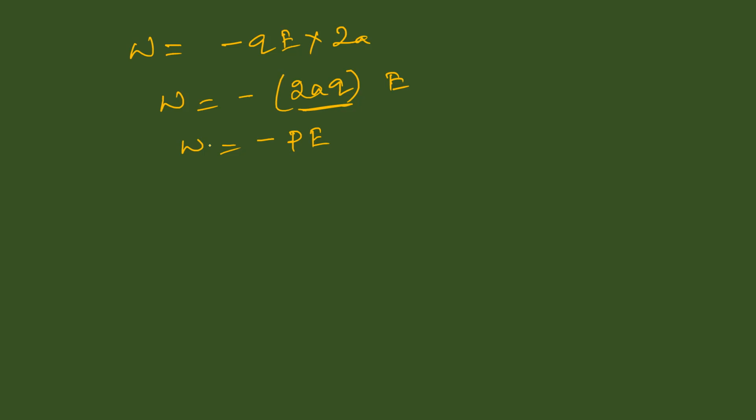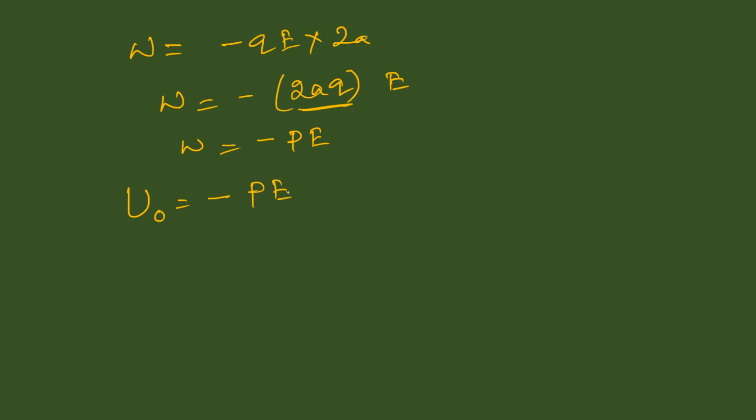So we can say that the work done by the charge can be stored as the potential energy of the dipole. So the expression for potential energy, U naught, is minus p into E.